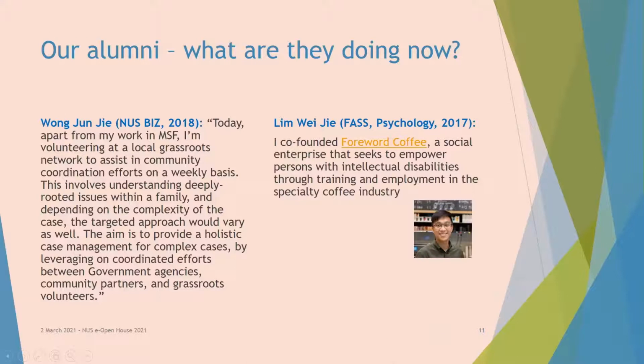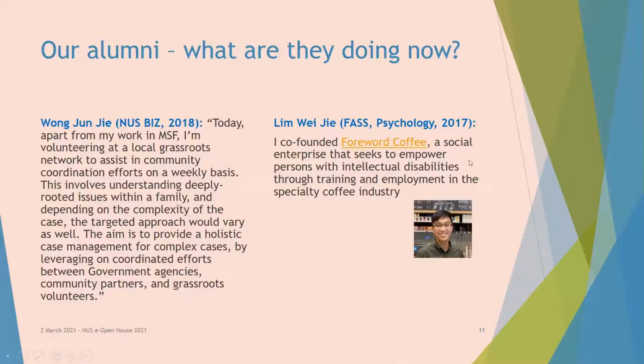So Wei Jie is a co-founder of Forward Coffee. I don't know whether the audience here is familiar, but I think he already has 3 outlets around Singapore. And it's a social enterprise that seeks to empower persons with intellectual disabilities through training and employment in the specialty coffee industry. He's such an amazing young man.